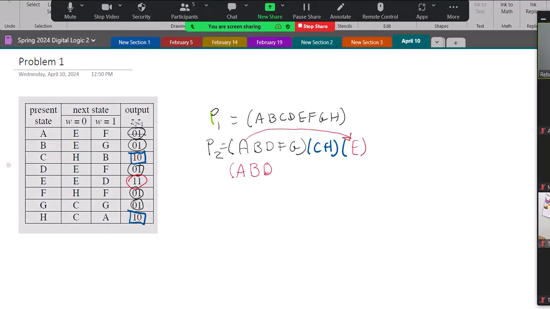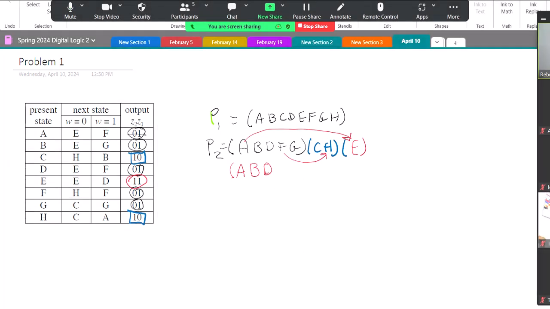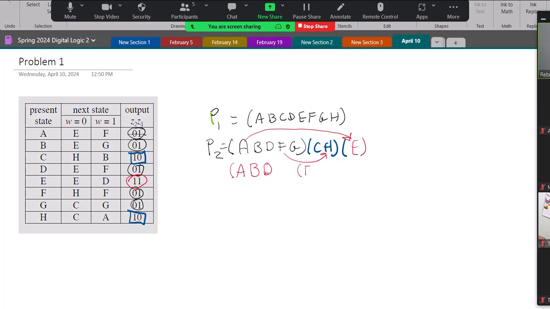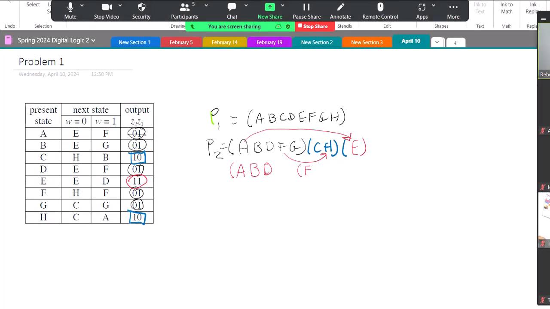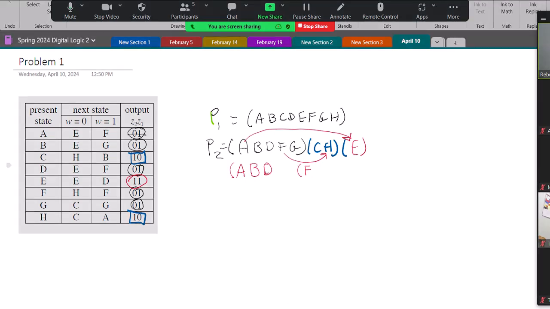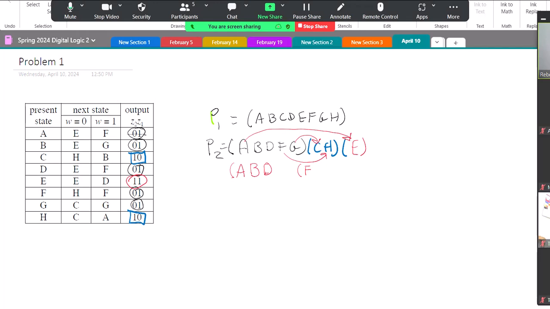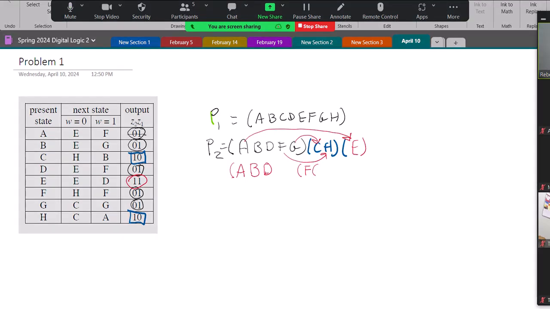F, its 0 successor is H, which is in a different partition, so F needs to be in a different group. And G's 0 successor is C. If you look, C is in the same partition as H. So F and G are both going to this CH group, so we can put them together.